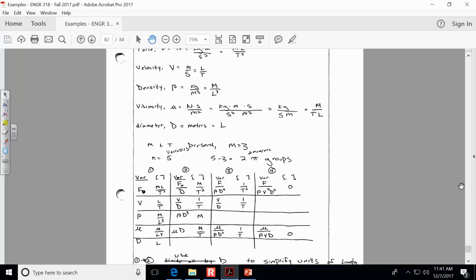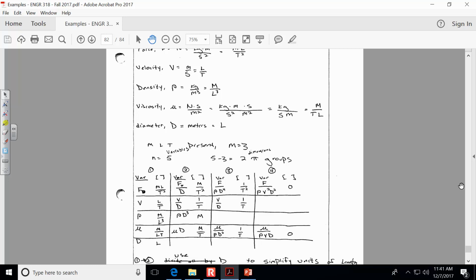It'll be useful later. We've got force, which we know as variable F, has units of newtons. And so newtons is kilogram meter per second squared, and that is mass, length, and time squared.